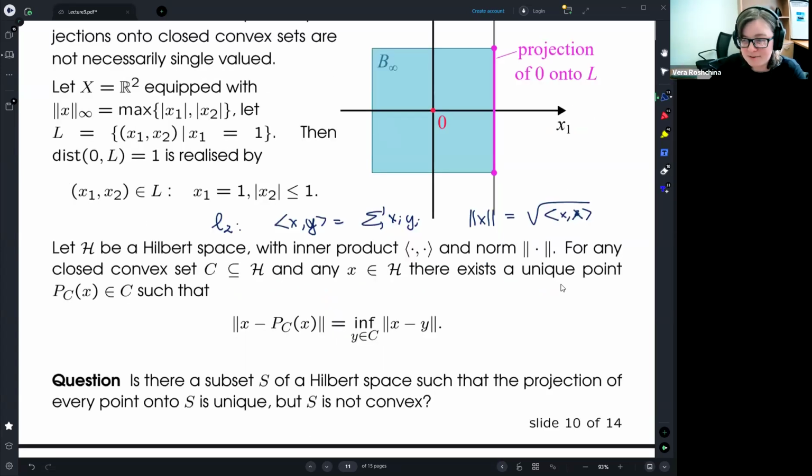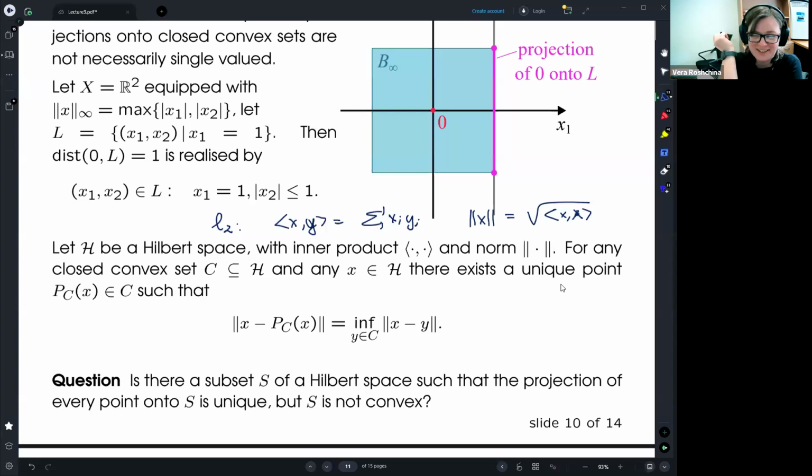So if we're in a Hilbert space, then if we take a closed convex set, there's always a unique point such that this point gives us the infimum of the distance between a given point and points from that set.